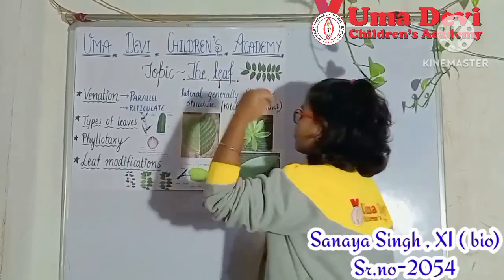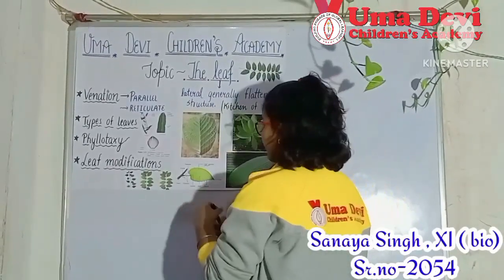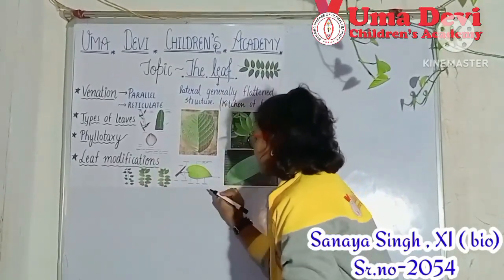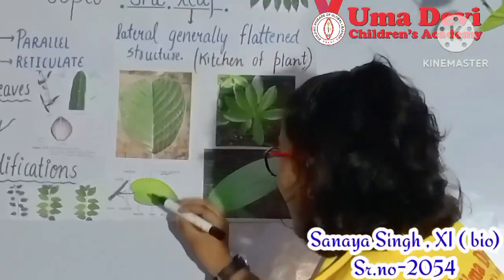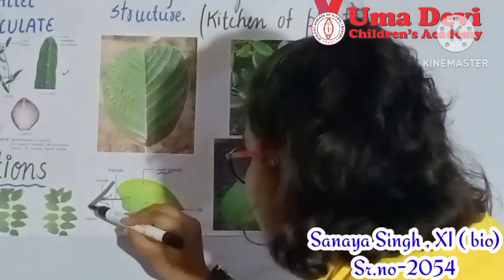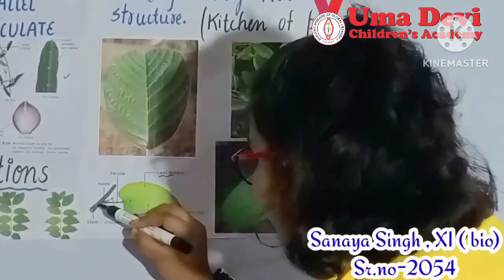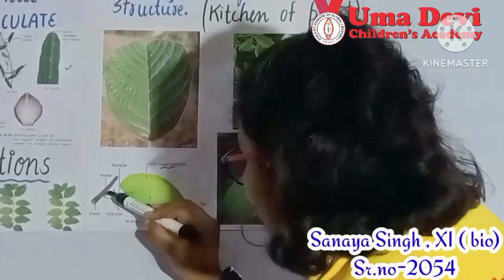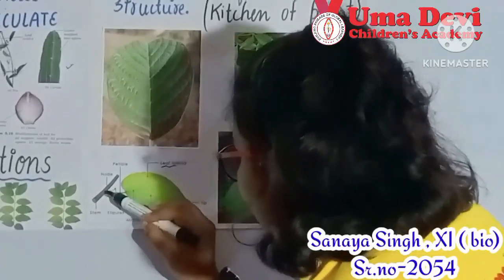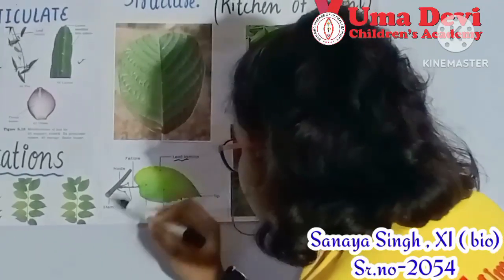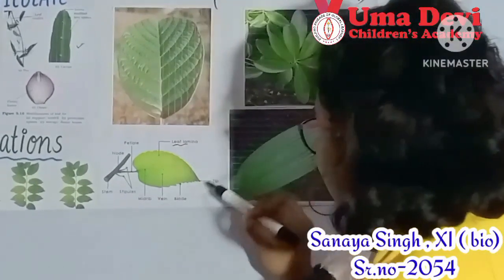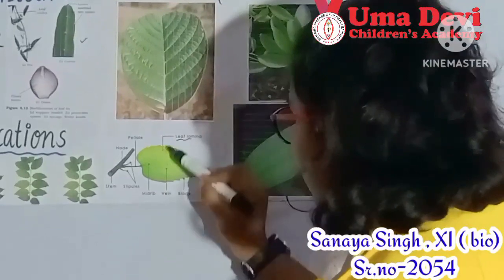So first of all, let me show you the parts of the leaf. See, this is a leaf, and the first part you can see is the stem. Then this is the petiole, by which the leaf is connected to the stem, and then this is the extended part. This full part is called the leaf lamina.